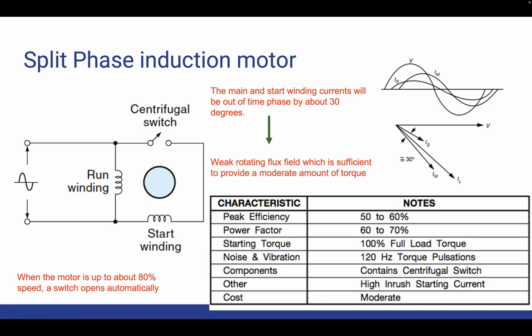When both windings are connected in parallel across the line, the main winding current and the start winding current will be out of phase, and we can see that here. IM is the main winding current and IS is the start winding current. So they are out of phase, as we can see.